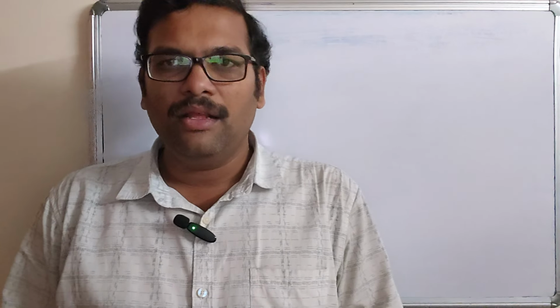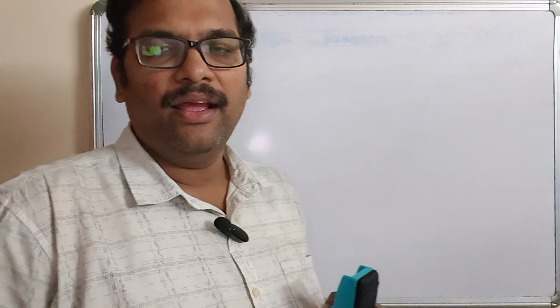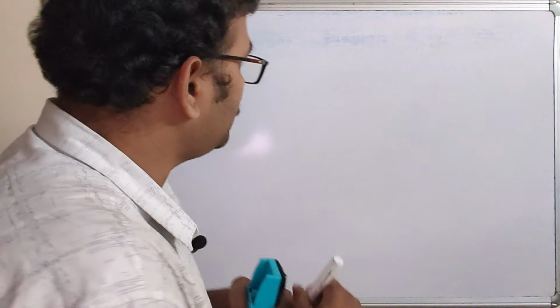So in today's session we'll see one more concept in generative AI, that is a RAG. RAG stands for Retrieval Augmented Generation. We'll see what is a RAG and why it is required in generative AI. So let us start.